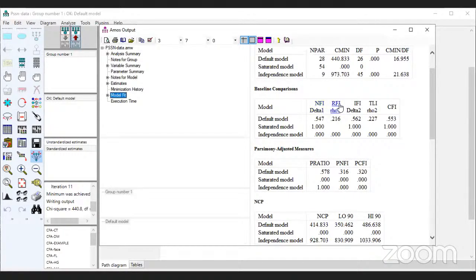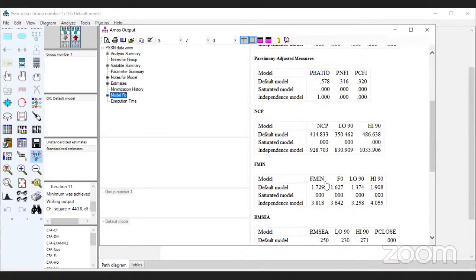The RFI, the IFI is an incremental fit index. All of these must be greater than 0.9. And here, see, they must be 0.9 or above. We'll see them. They are very, very low. It means this will not give us the best model.